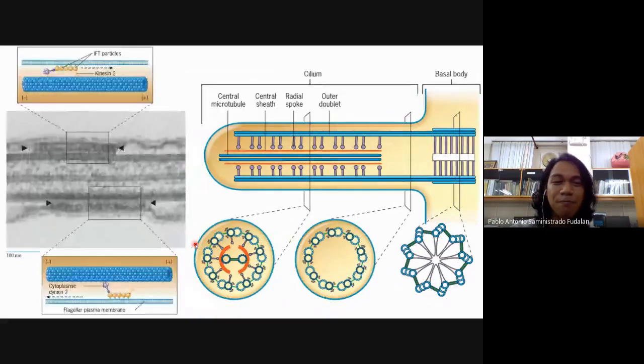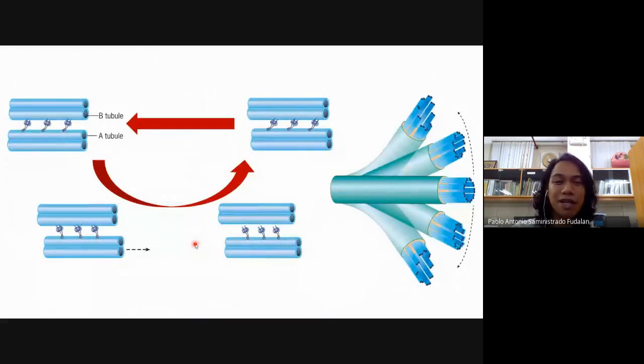So if we go here, we see the two doublets shown. So we have the B here, and then we have the A. From the A, we have these dyneins, and the dyneins make contact with the B tubule of the next doublet, and then with the help of ATP, it's going to have a power stroke.